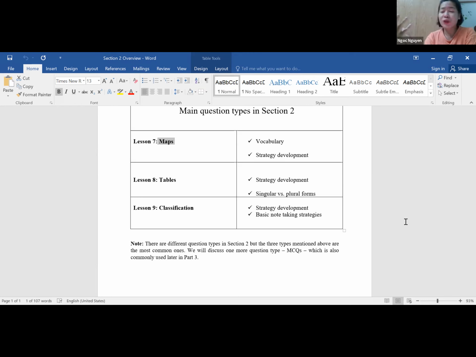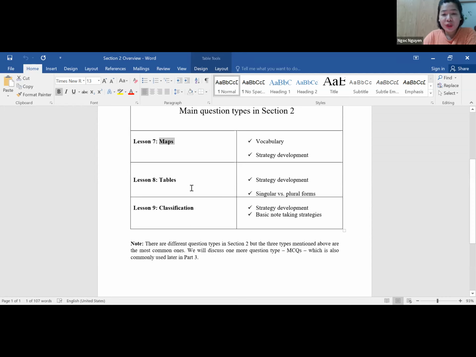If it is hard for you to do it in Vietnamese, I understand why it will be very challenging to do it in another language. Right? So in lesson 7, our today's lesson will discuss how to complete maps successfully.